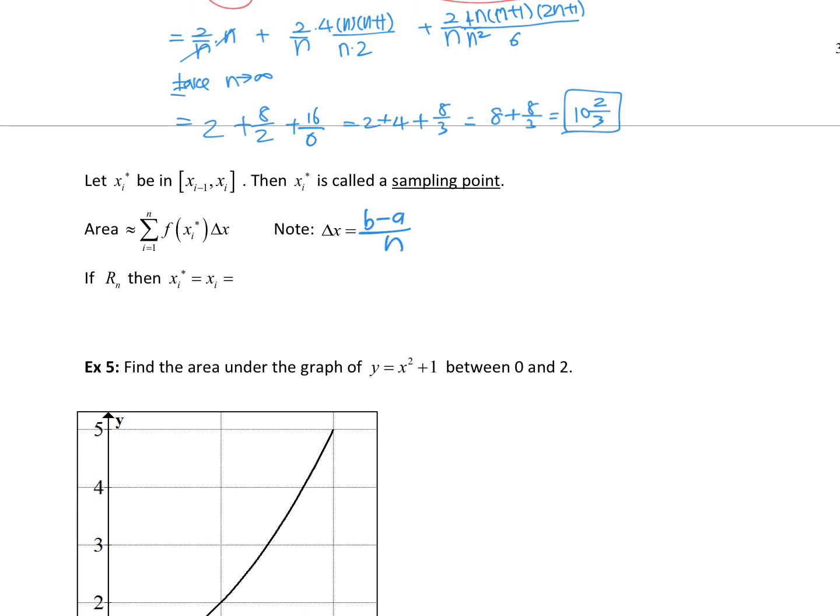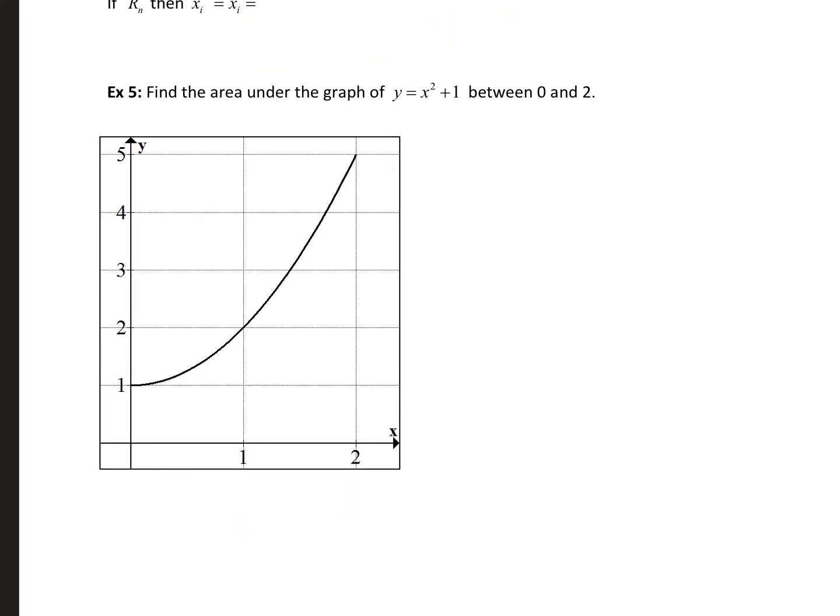Now I'm going to have you do example 5. My hint is to start with n subdivisions. Use Rn, the right endpoint. It just makes the calculation easier. Then take n goes to infinity, and you'll get the exact answer.